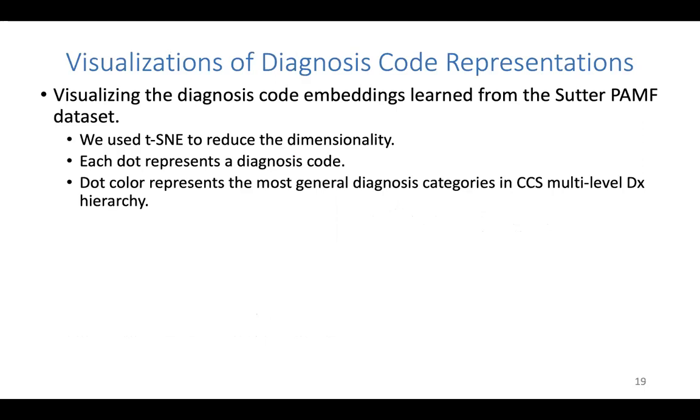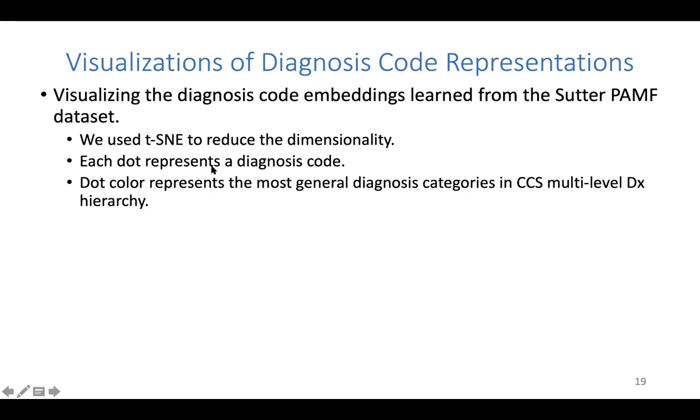Right, and yeah, we're gonna see some visualizations of the diagnosis code representation. So just some t-SNE plots that some of you might have already seen a couple of times before this class. So we're gonna visualize the final embeddings, the G's, not the basic embeddings. We're gonna use t-SNE to reduce the dimensionality.